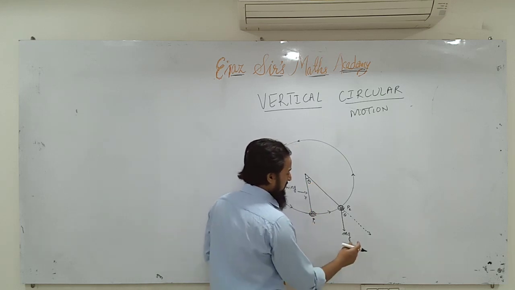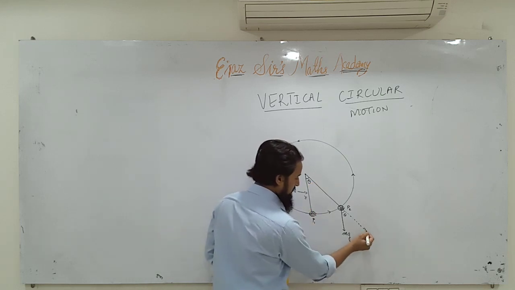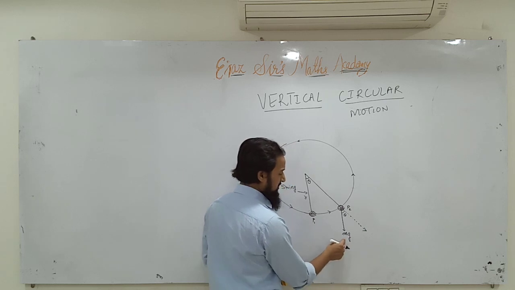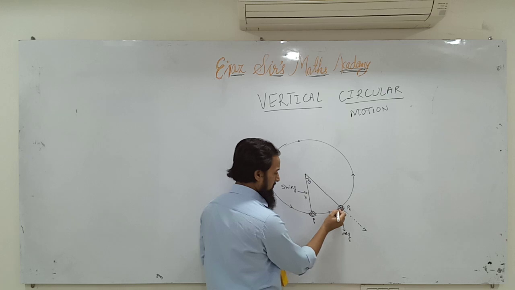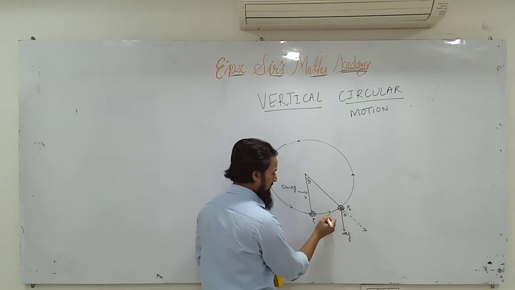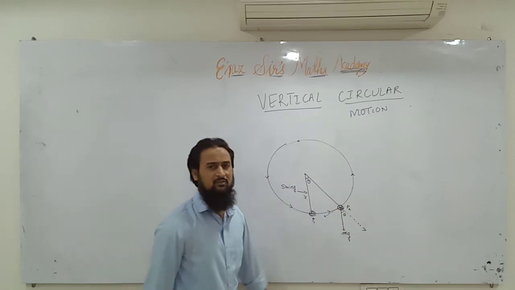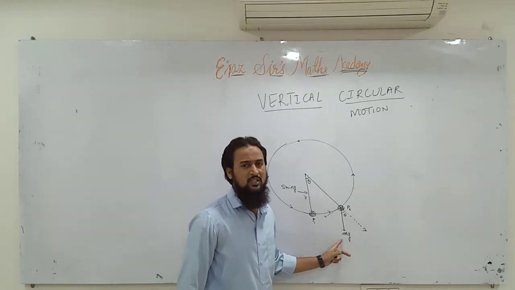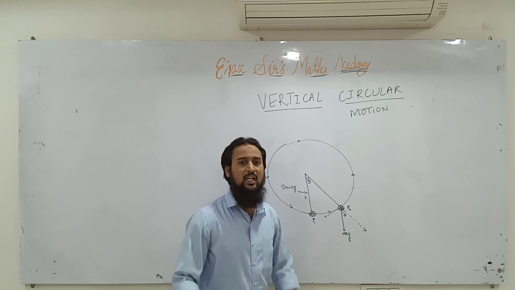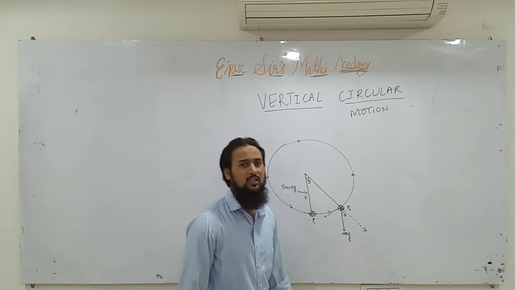Now see what will happen. This is mg. We can resolve this mg into two perpendicular components, and we are habituated to doing it again and again.